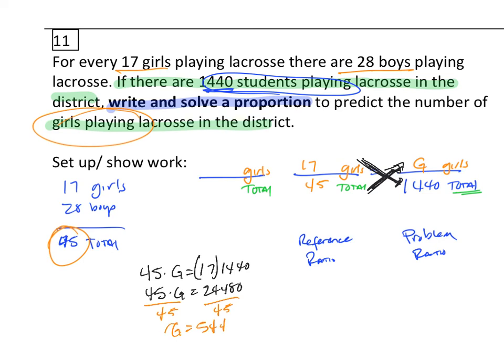Now look, I put the G there on purpose, so I'd recognize my answer is how many girls. So you might go back and check, because some people will answer for how many boys there are. But you go back and look. This is what they said. They wanted us to figure out how many girls. So we would say we're supposed to predict the number of girls.